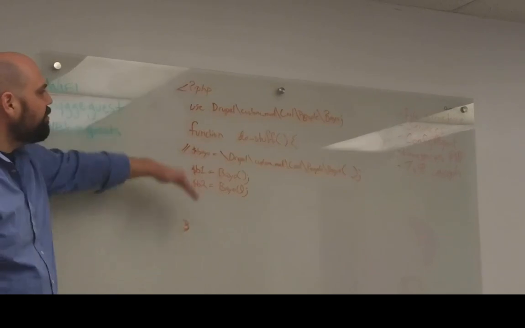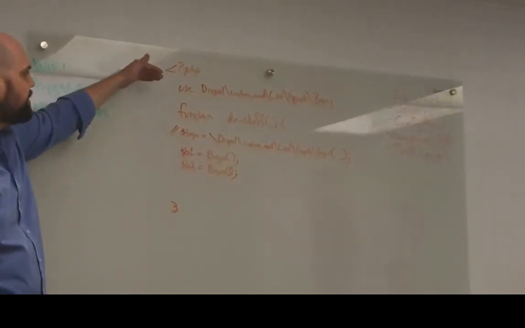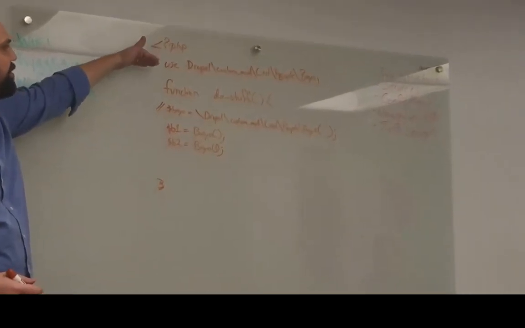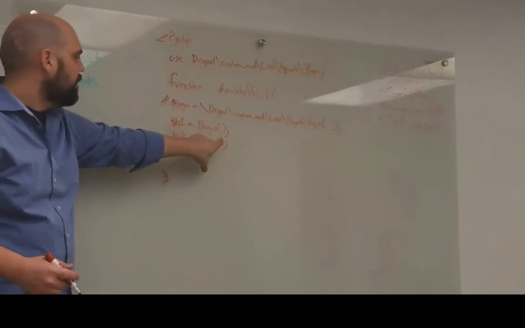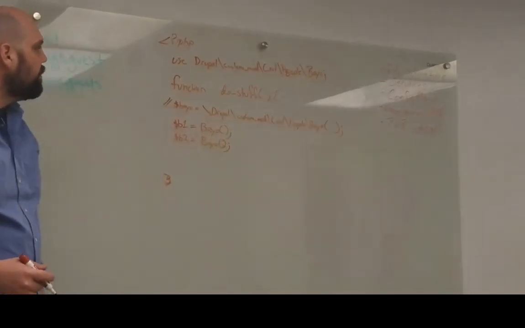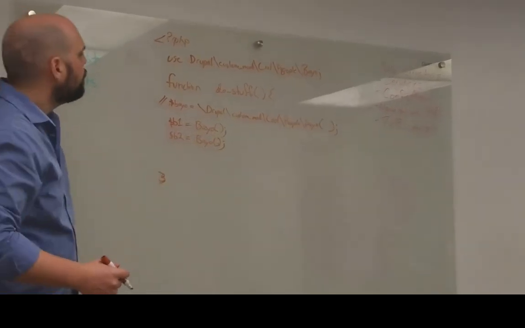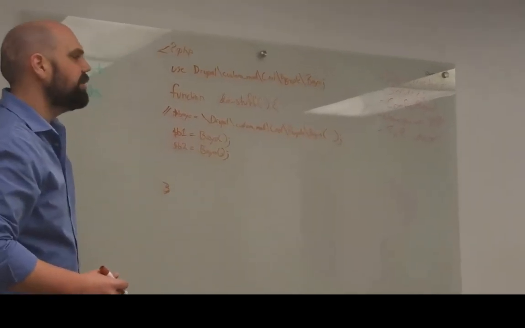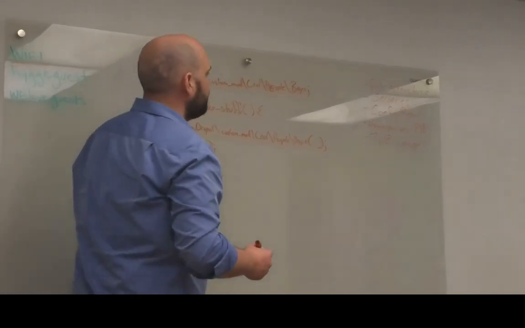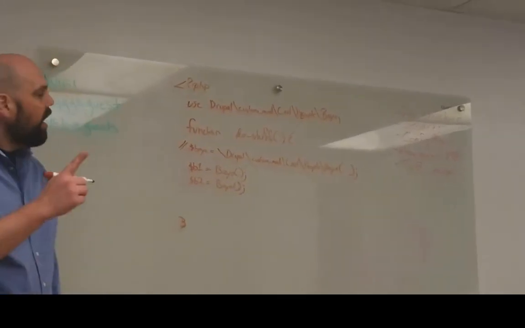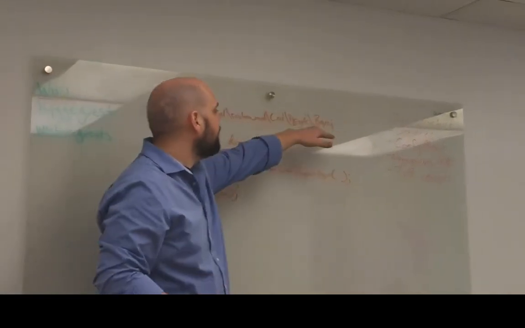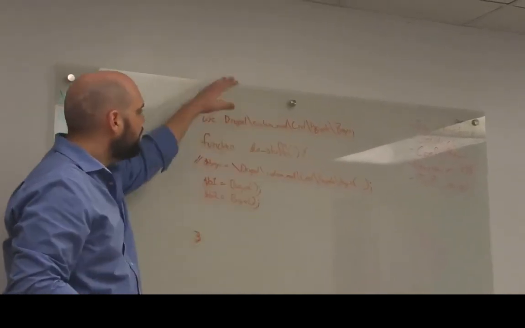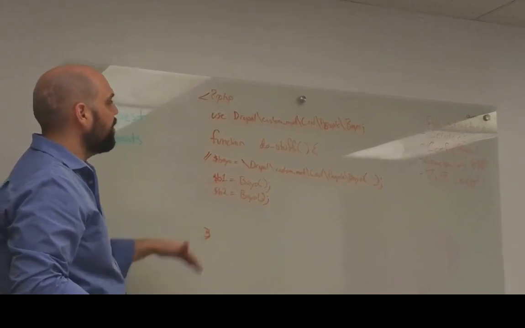Because the whole file is now using this namespaced class. Shouldn't the namespace end at people, without the slash bio? No. What I'm actually doing is pulling this class into the whole file as a reference to this class.